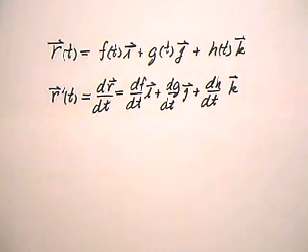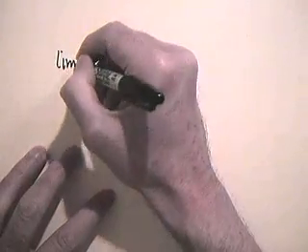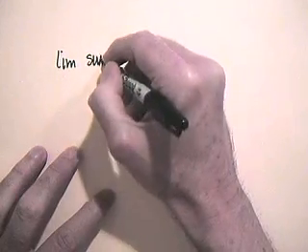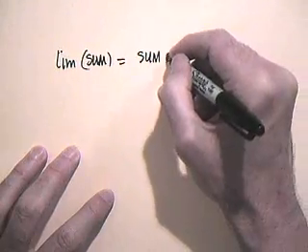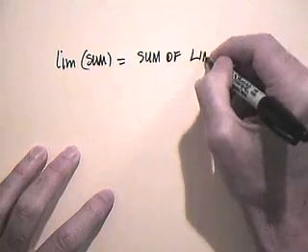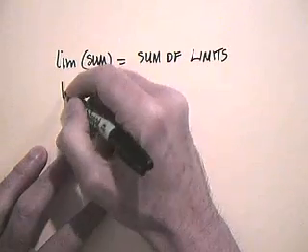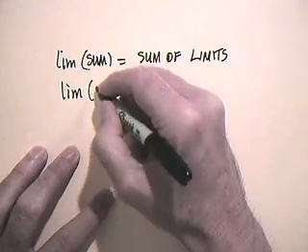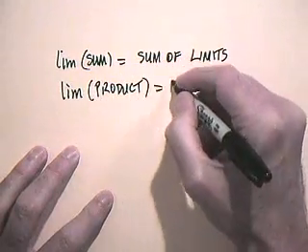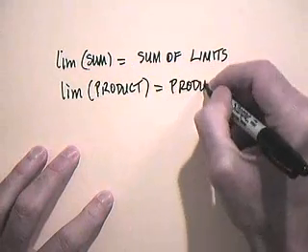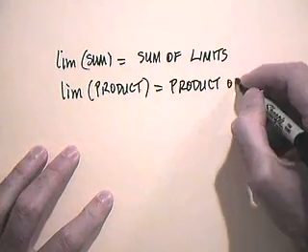But in any case, just to review, for instance, we have rules like limit of the sum equals the sum of the limits, limit of a product equals product of the limits.